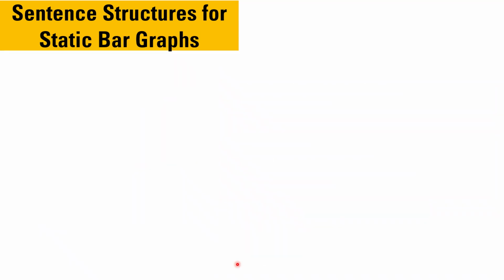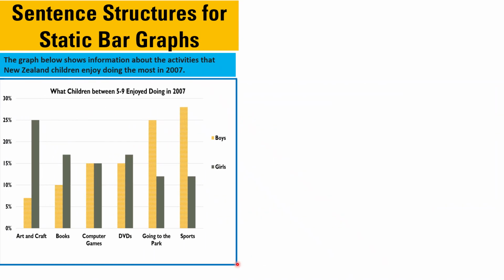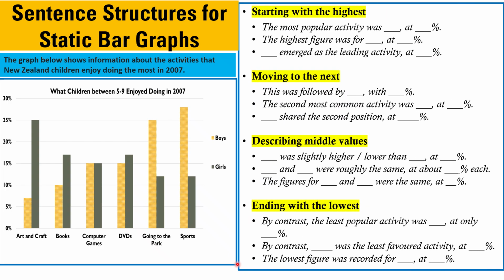Now that we have seen the vocabulary, let's look at some sentence structures we can use. Look at these sentence structures and think about how you can use them to describe this type of bar chart. For example, to start with the highest value, for boys, we can say, the most popular activity was sports at 28%, or the highest figure was for sports at 28%.